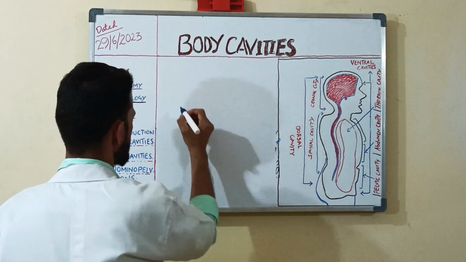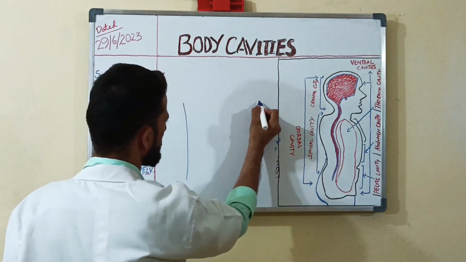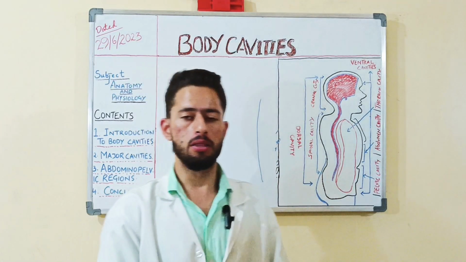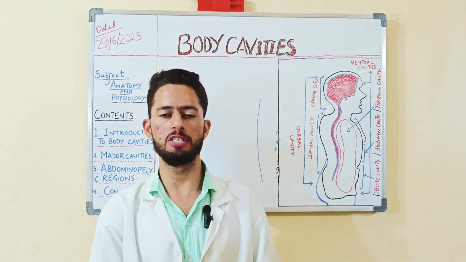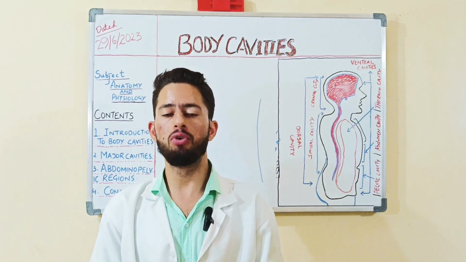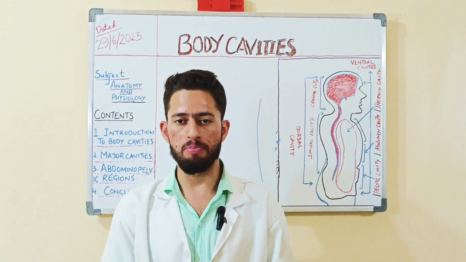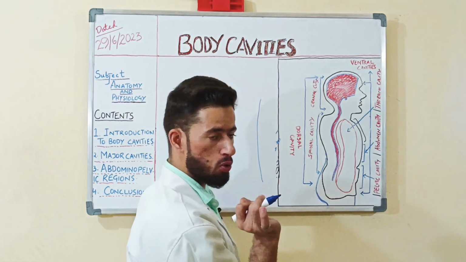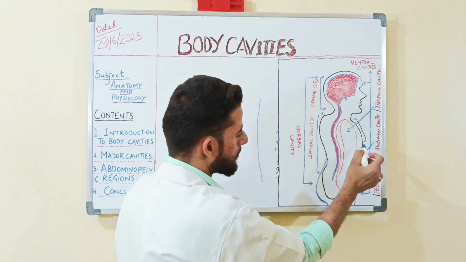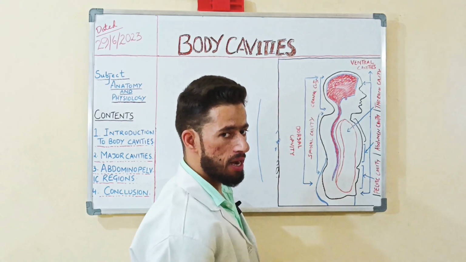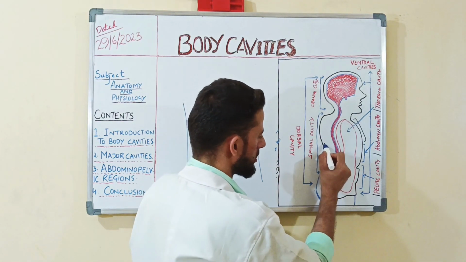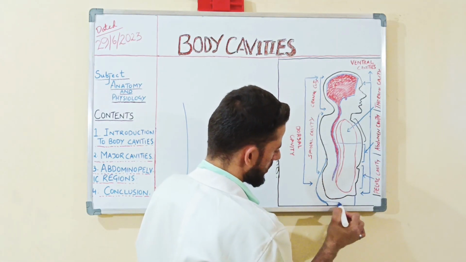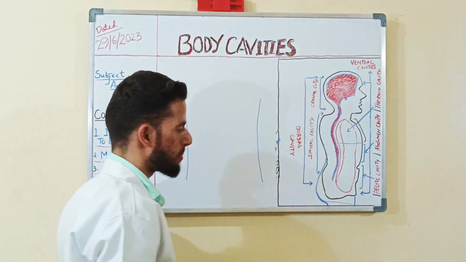There are mainly 9 types of different regions present in our body. Mainly these regions are present in the abdominopelvic cavity, so you have to pay good attention here. Where does the abdominal cavity start? Right after the end of the chest cavity, the thoracic cavity. From where the thoracic cavity ends, down to here, this is known as the abdominopelvic cavity.